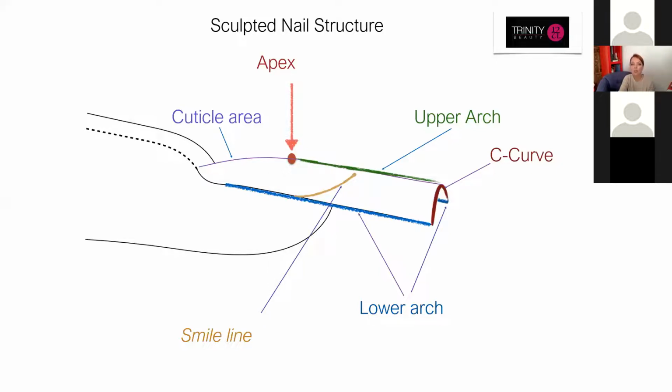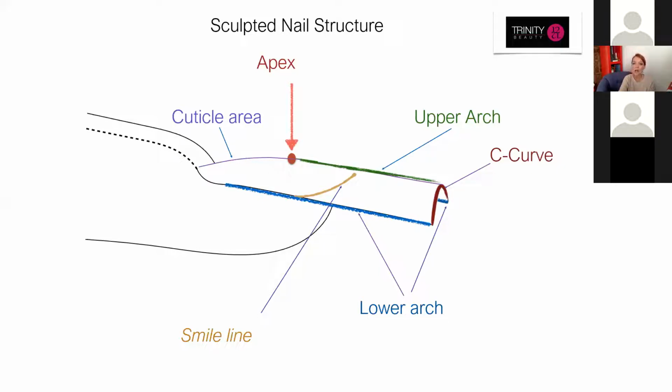So you can see the most common universal structure points that we all have to know as nail technicians. If the nails are breaking in the middle, that's where you can see the yellow line, smile line, that means the nail and the upper arch were not executed properly.